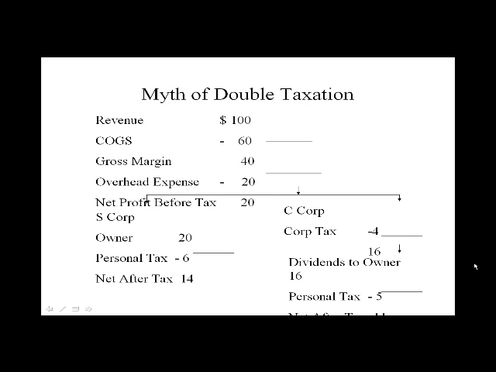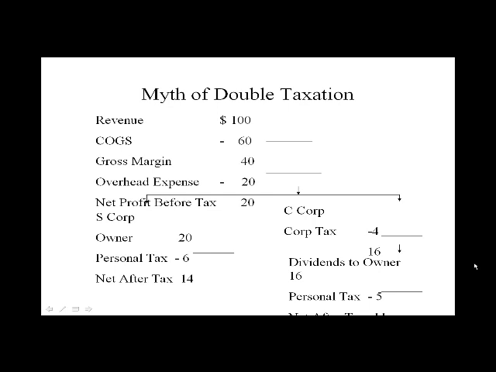Well, this looks like our standard income and expense statement. Revenue, cost of goods sold. Difference is the gross margin. Deduct your overhead expenses, and you get a net profit before tax of $20, $20,000, whatever dimensions you want to put on it.